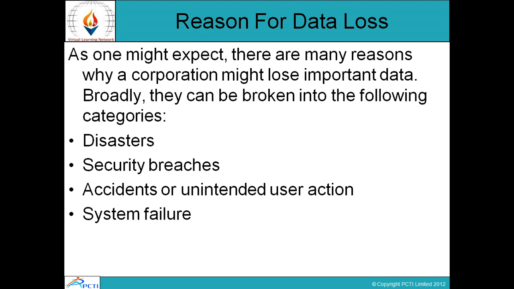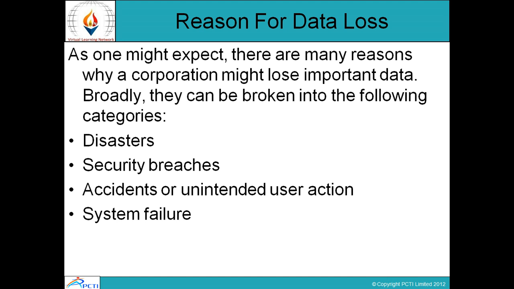About disaster, there are some classic data loss scenarios like floods, earthquakes, hurricanes and terrorism, which can destroy computer systems and the data housed on them. All these disasters are unpredictable, can occur at any time, and you can lose your data.